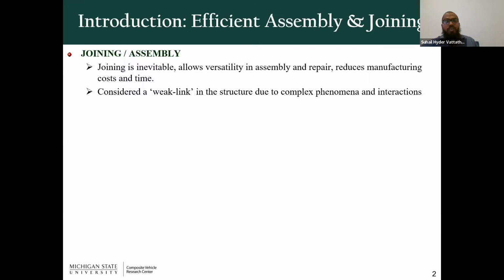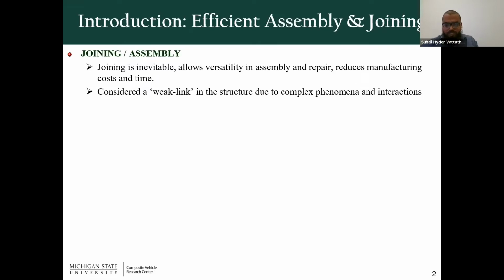And all these issues get worse when we go for multi-material joinings. And that is what is happening even within aerospace. If you think about an aerospace vehicle, it constitutes hundreds of different materials, and these materials need to be joined together. So all these issues need to be tackled when you go for a structural joining technique.